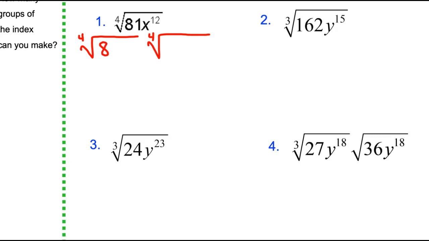So the whole coefficient is a perfect fourth root. And guess what? X to the 12th is also a perfect fourth root because it's a multiple of 4. So the whole doggone thing was a perfect fourth root. Isn't that neat? So all the radical stuff is going to go away here, and this is going to be 3x to the 3rd. Ka-chow.